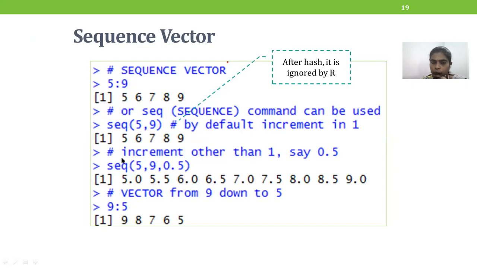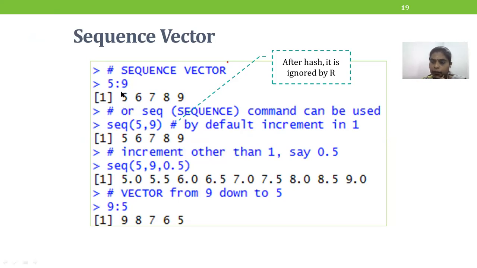You may have a doubt like, okay ma'am, we are getting 5, 6, 7, 8, 9, which are incremented by 1, but I want my own increment level. Maybe I want 0.5, maybe I want 0.25. Is that possible with the sequence operator? It is not possible with the sequence operator, but it is possible with a library function.